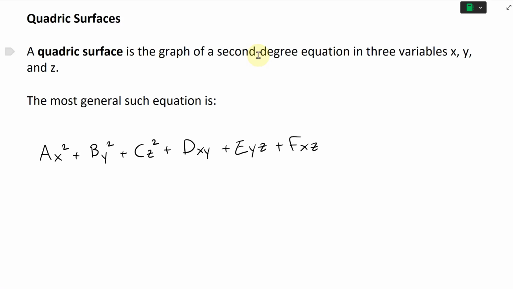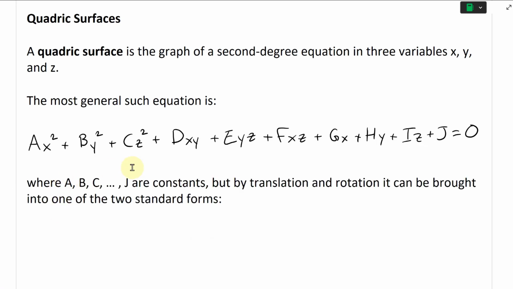So basically accounting for all the planes here: x, y, then x, z, then y, z, like that. And then plus gx plus hy plus iz plus j equals 0.